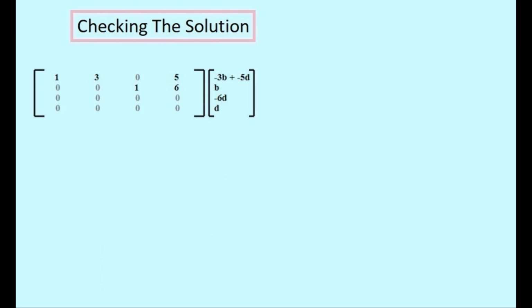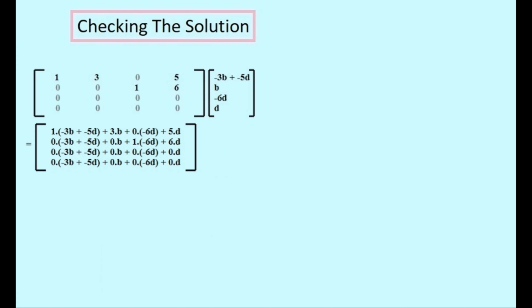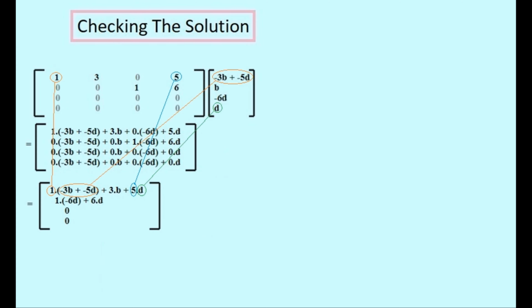And now to check that these really are the eigenvectors, we need to check this vector by multiplying it by this matrix, like this. And so multiplying these two things gives us this vector, which contains 4 unsimplified expressions.